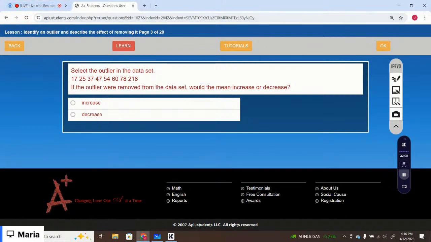Select the outlier in the dataset. If the outlier were removed from the dataset, would the mean increase or decrease? First, you have to identify which is the outlier. 216 is the outlier.